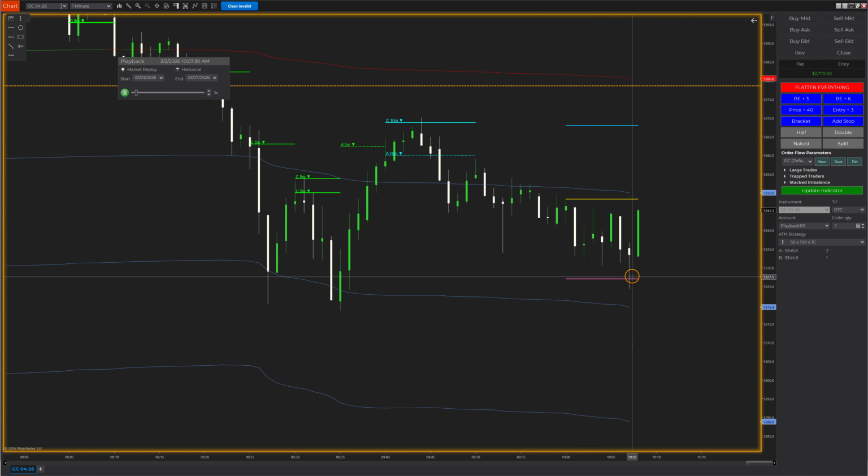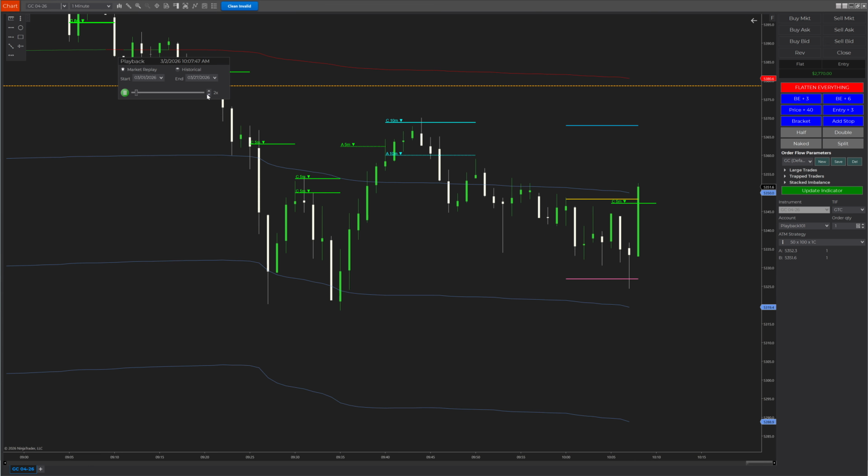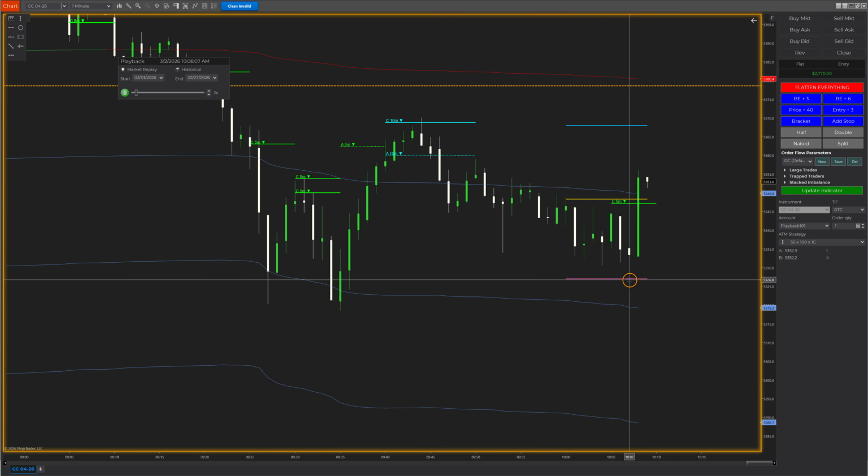Oh, I was just thinking about, I went and reviewed a previous, oh, I like this. Slow it down a little so I have time to think. I just reviewed a bunch of days, and I think this is a valid trade off the value area low with a wick like that.